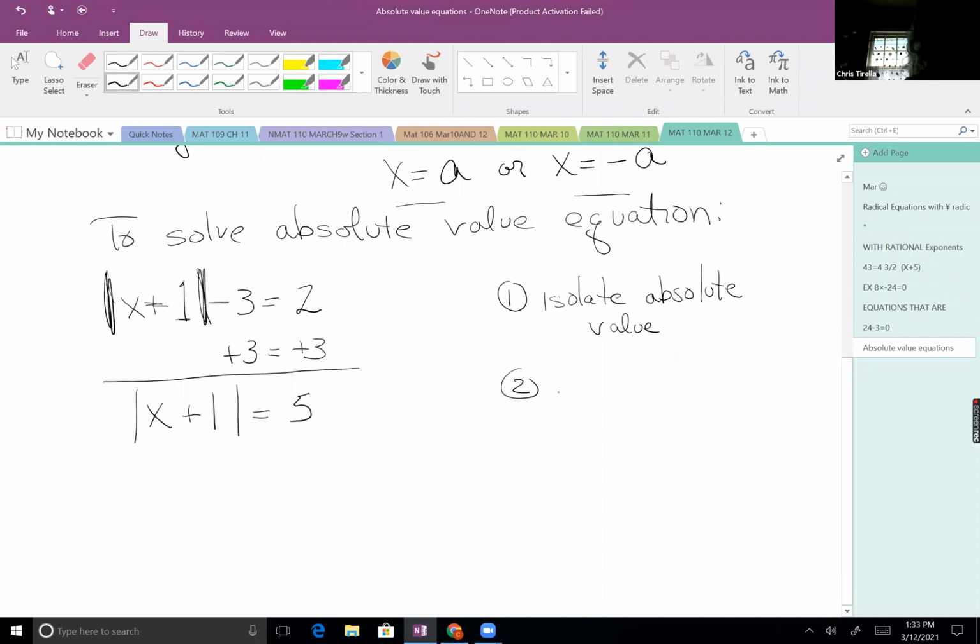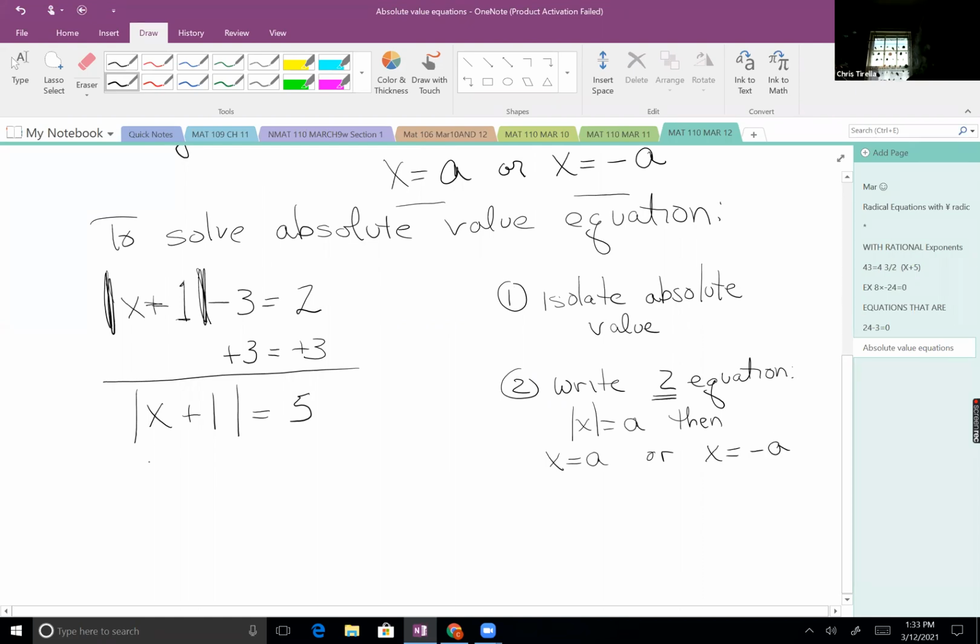Now what I want to do is write 2 equations. Remember, if the absolute value of x is equal to some quantity, then what's in there could equal that quantity, or what's in there could equal its opposite.